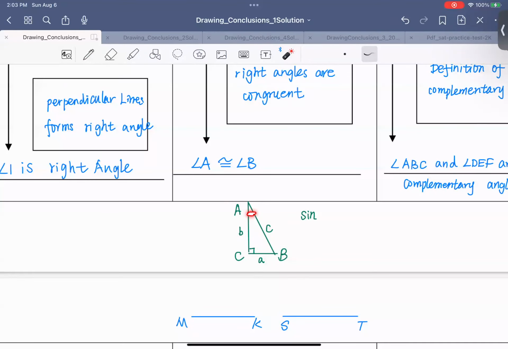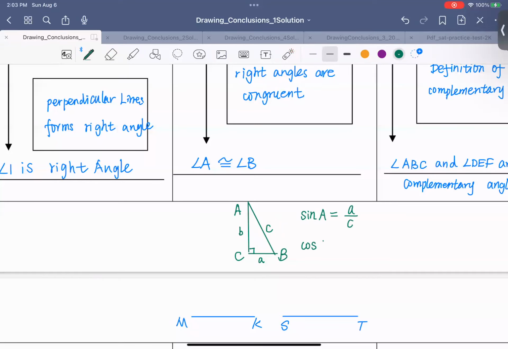This angle is capital A. This side is lowercase a. You have sine A equals lowercase a over c. This is called opposite over hypotenuse. Okay, opposite over hypotenuse. And there's another thing called cosine.